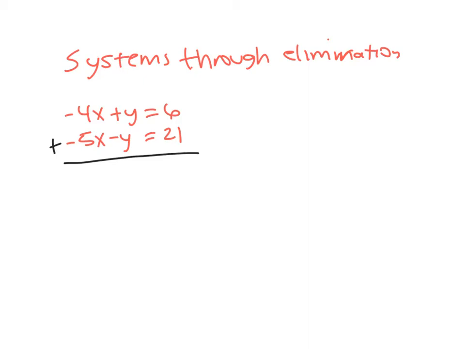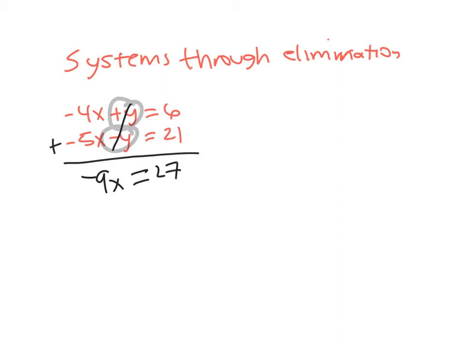Now, if you look here, you have a negative y and you have a positive y. So when you add those together, those automatically cancel out and completely eliminate. So negative 4x plus negative 5x is negative 9x. Positive y plus a negative y, again, that just cancels out, so it's plus 0 or just nothing. And then we have equals 6 plus 21 is going to be 27.